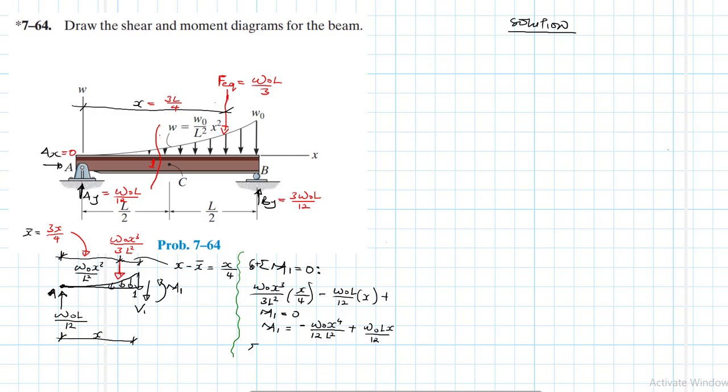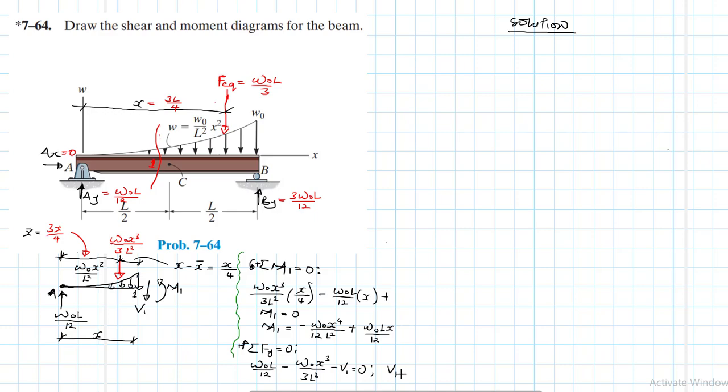And then let's find the other one, summation of forces in the y direction equal to 0. Okay, what do we have? We have w naught x L divided by 12 minus w naught x cubed divided by 3L squared, okay, minus V1 equal to 0.